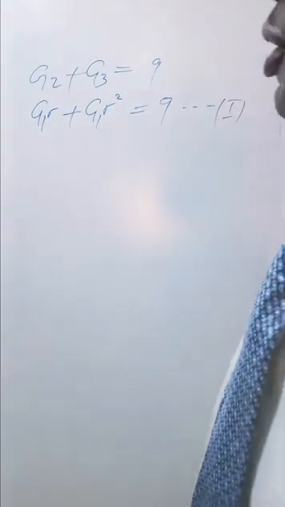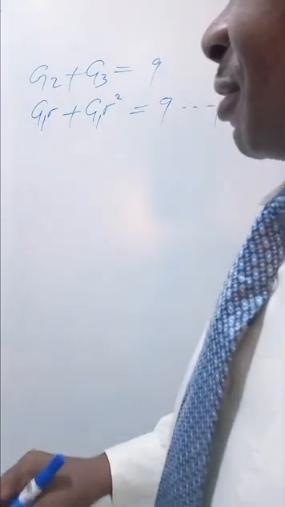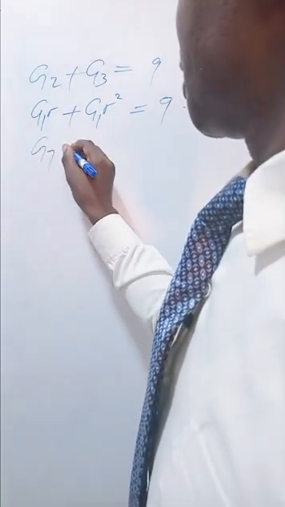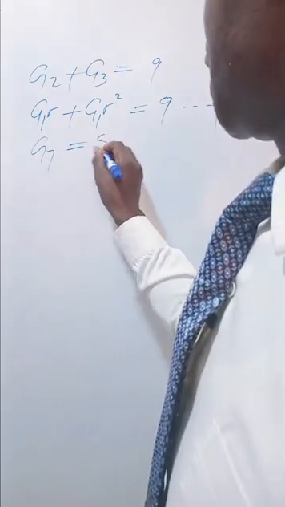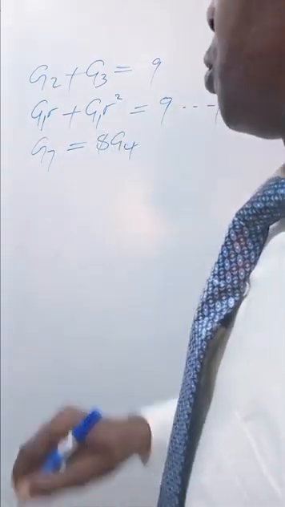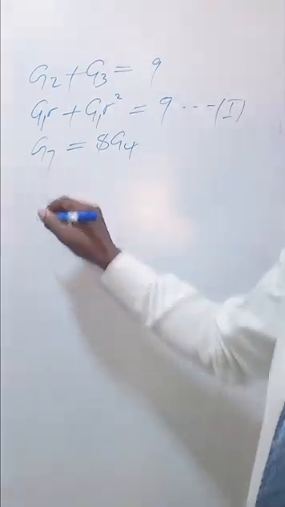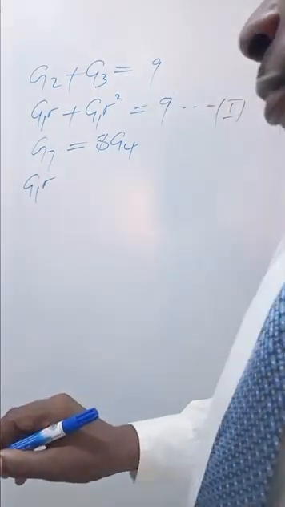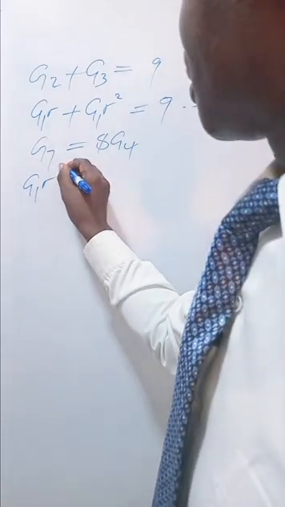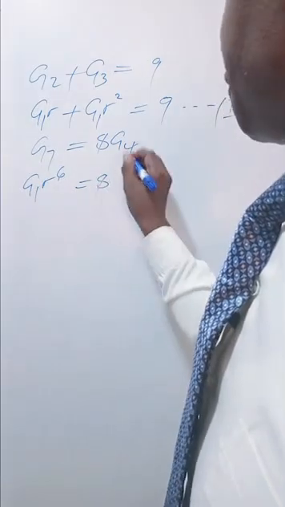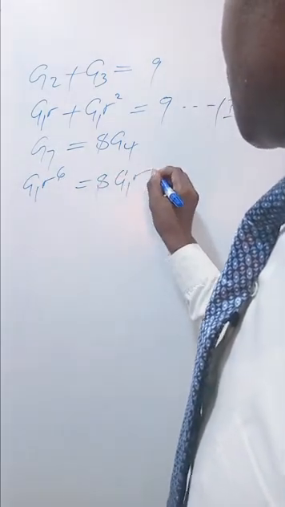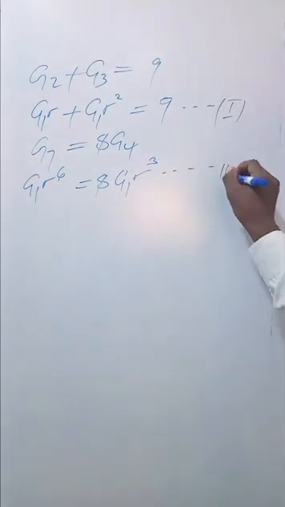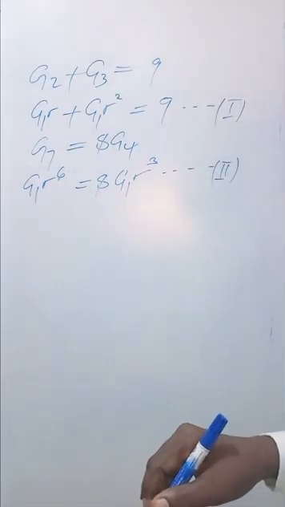And the second part says the seventh term, G7, equals 8 times the fourth, G4. G7 is G1 R raised to power 6, and G4 is G1 R raised to power 3. Let's call this one equation number 2.